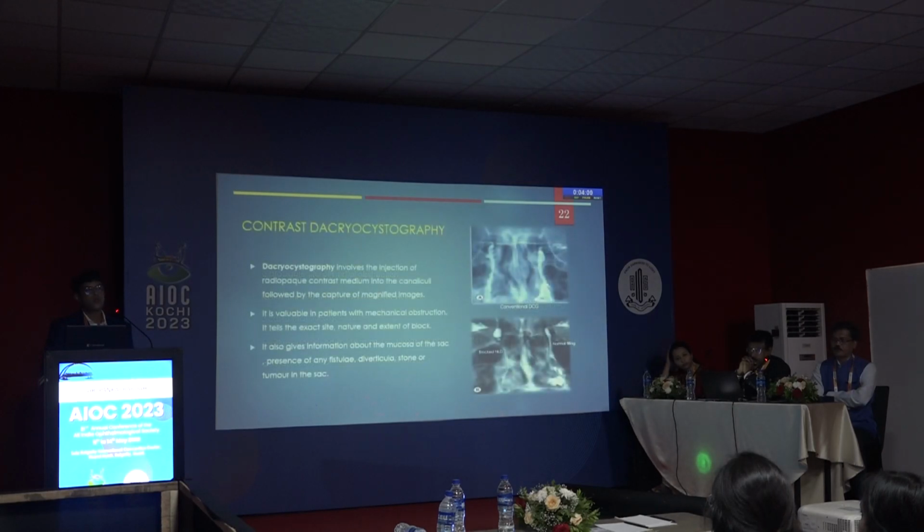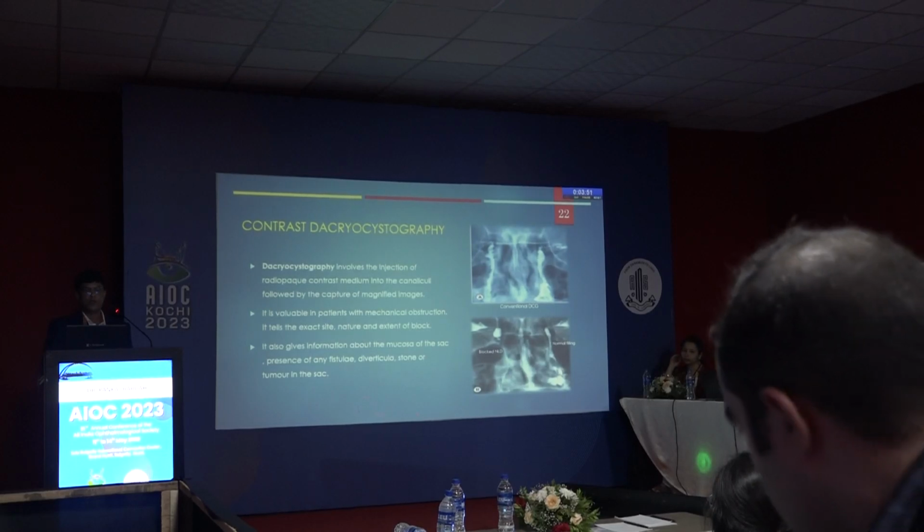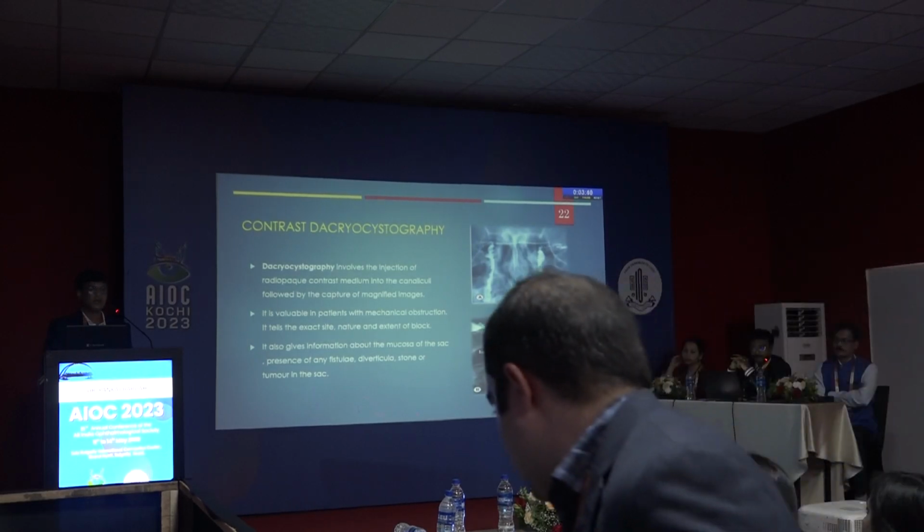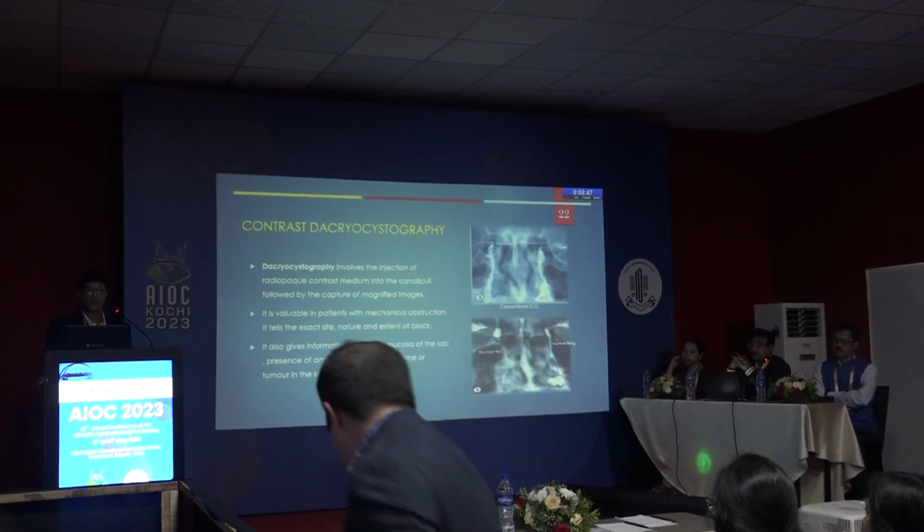So coming to the radiological test, contrast dacryocystography. Dacryocystography involves the injection of radio-opaque contrast medium into the canaliculi, followed by capture of magnified images. It is valuable in patients with mechanical obstruction. It tells the exact site, nature and extent of the block.